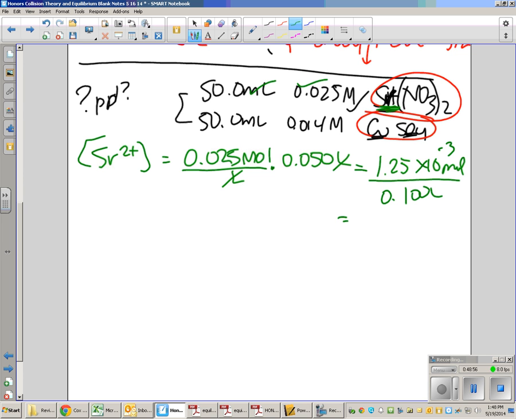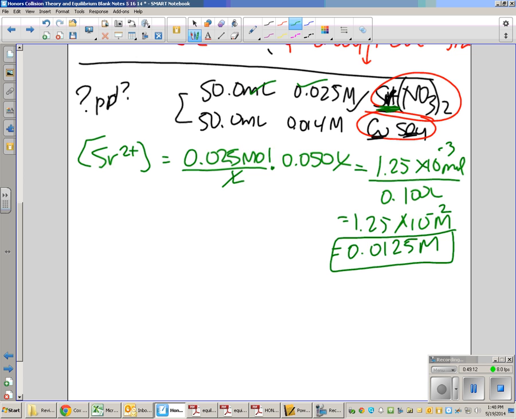So that divided by 0.1 is 1.25 times 10 to the negative 2 molar. If you don't like scientific notation, just move the decimal back, so 0.0125 molar. Did you get that liter on the bottom? I took my total volume of this plus this to give me 100 milliliters, and then I divided by 0.1.